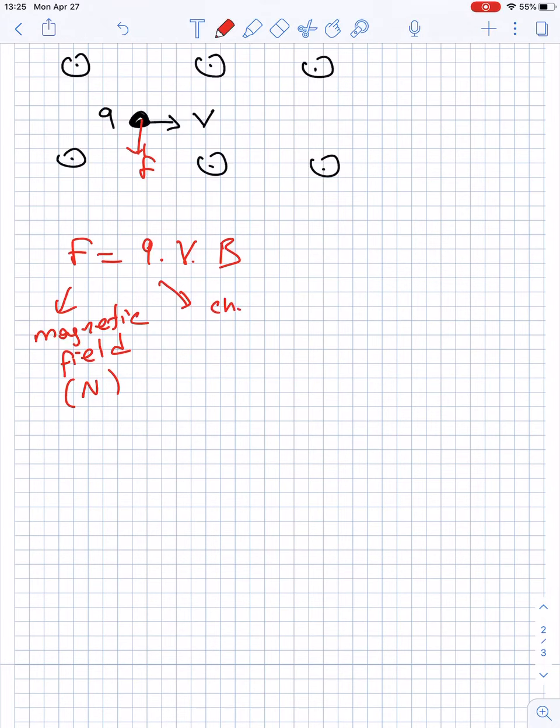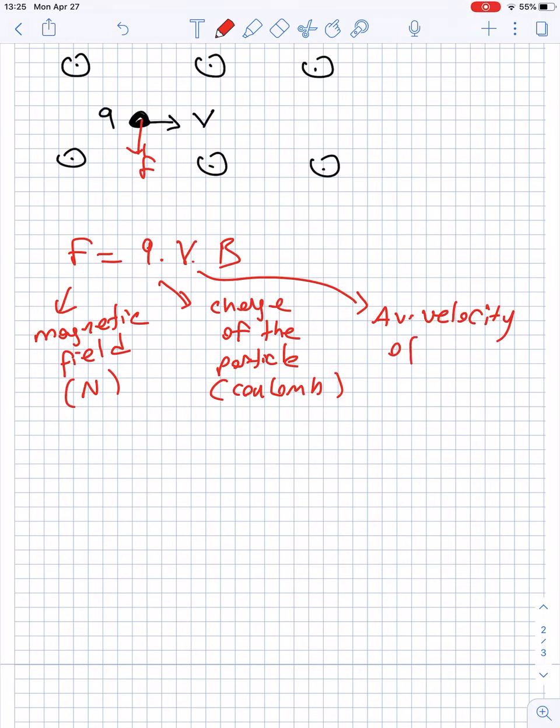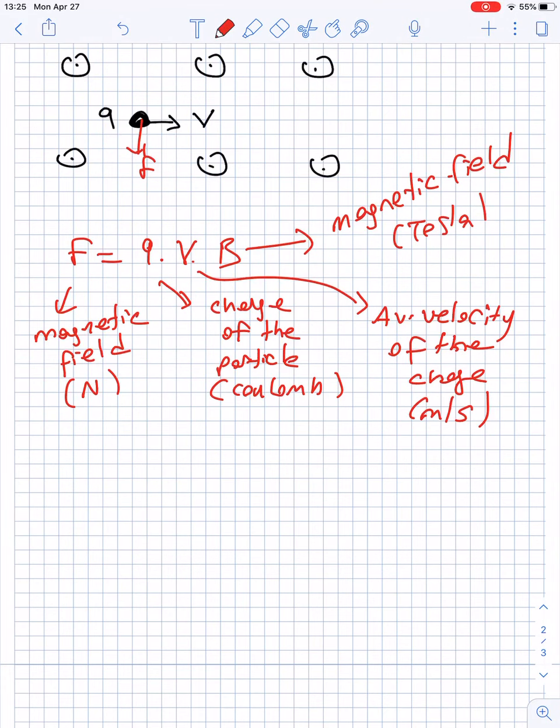Q is the charge of the particle, and the unit is Coulomb. V is the average velocity of the charge, and the unit is meter per second. B is the magnetic field, and the unit is Tesla.